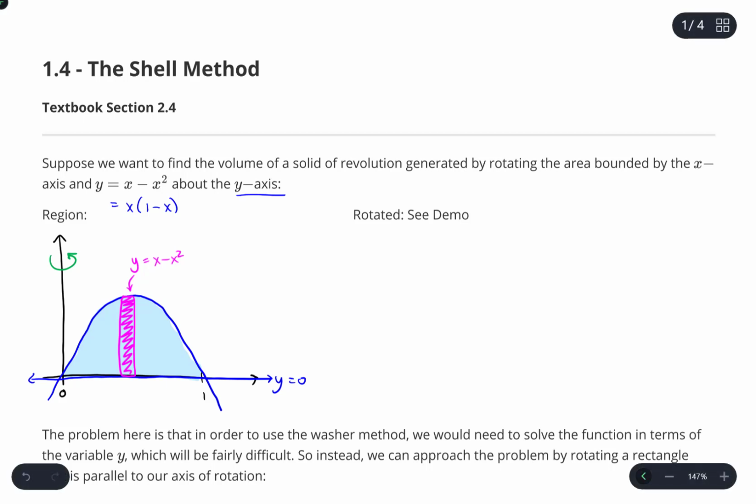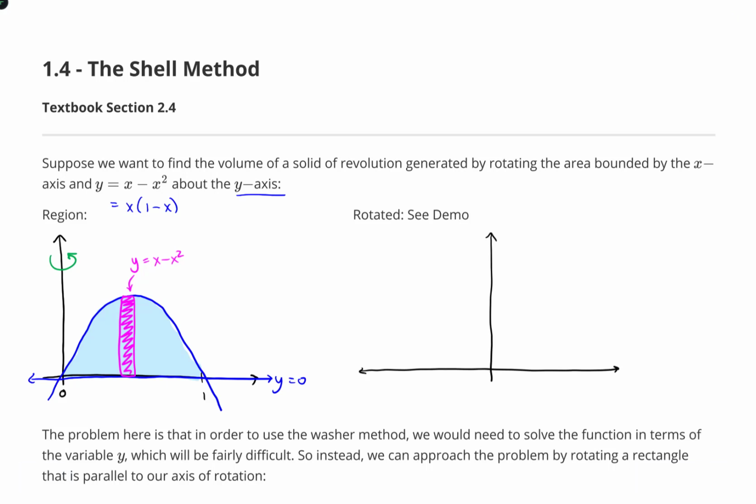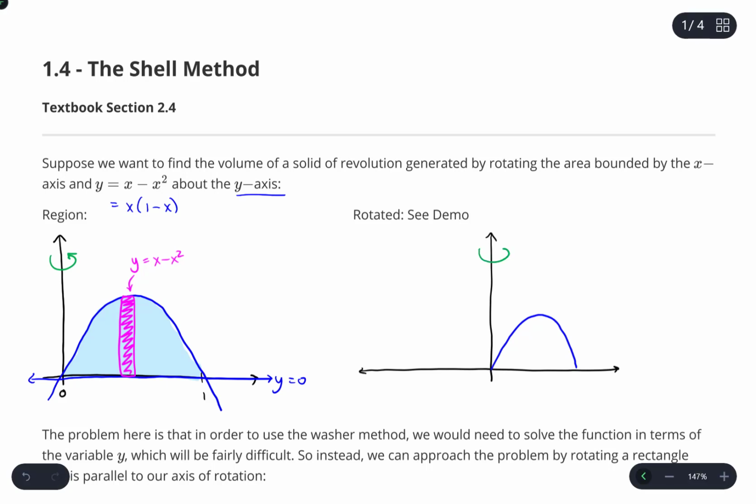Well, here's what it might look like, and I'm not going to be able to do great at illustrating this, but I'll do the best I can. Hopefully you can imagine it along with me. Here is my region, and I'm rotating that region around the y-axis.